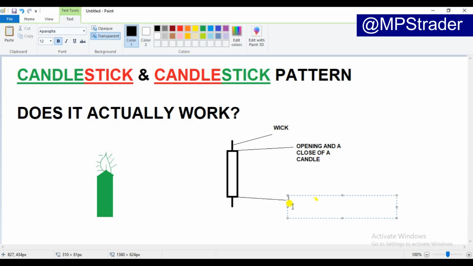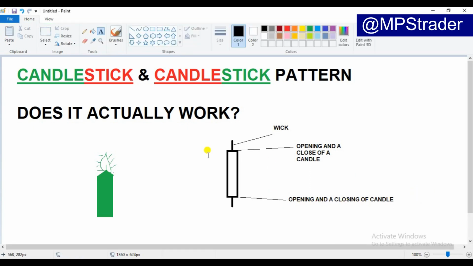This is also the same, opening and closing of a candle, right? So why opening and closing of a candle? Because I am giving you just an example.